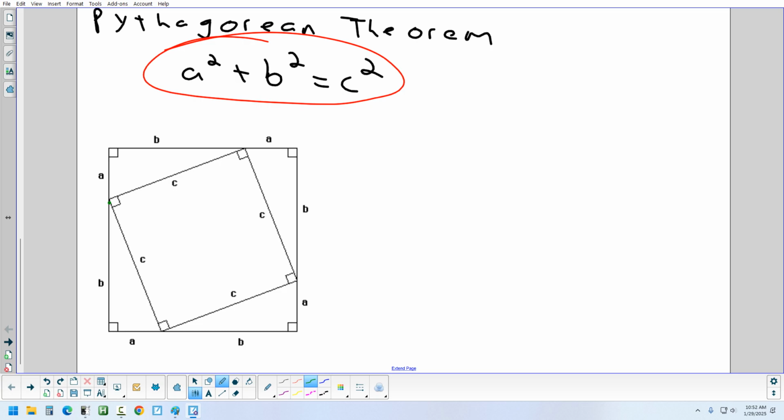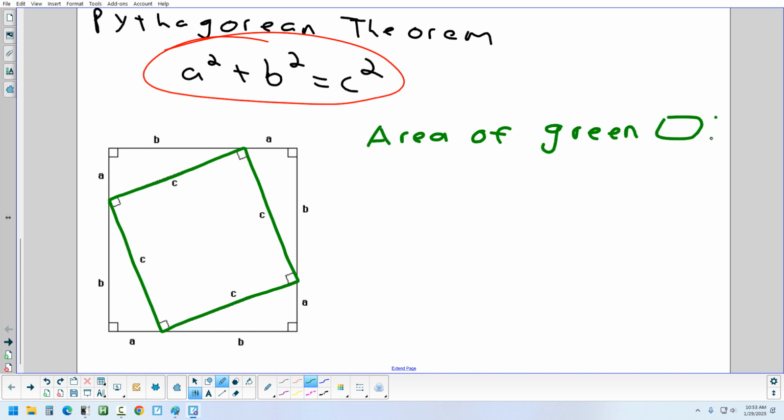To make this easier to talk about, we'll call it the green square. So we'll say area of green square. Method 1 is just to multiply c times c, because the formula for a square is side times side. Any question how we got c squared for the area?